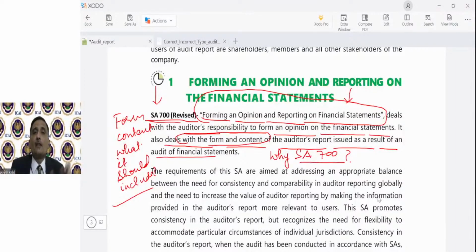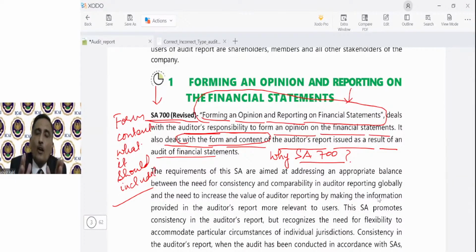It ensures that there is uniformity and comparability in the audit reports issued by different auditors, so that these are recognized.